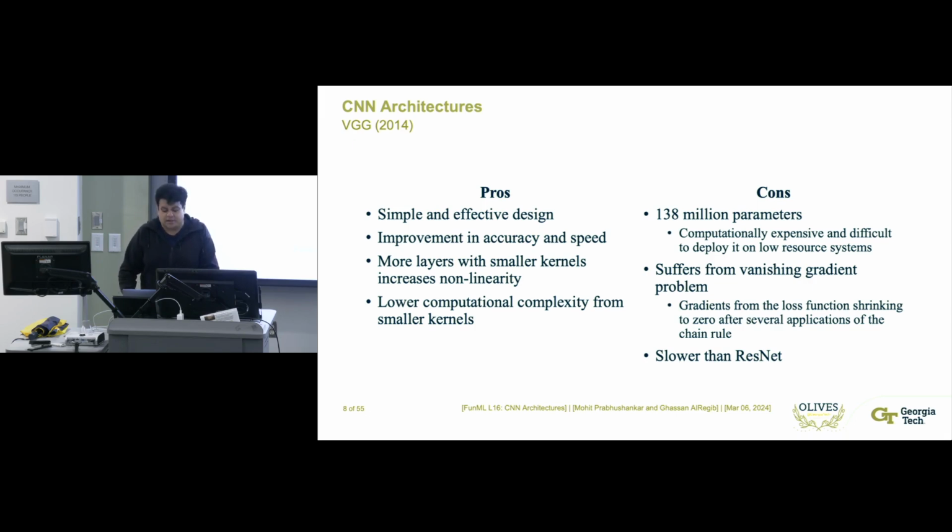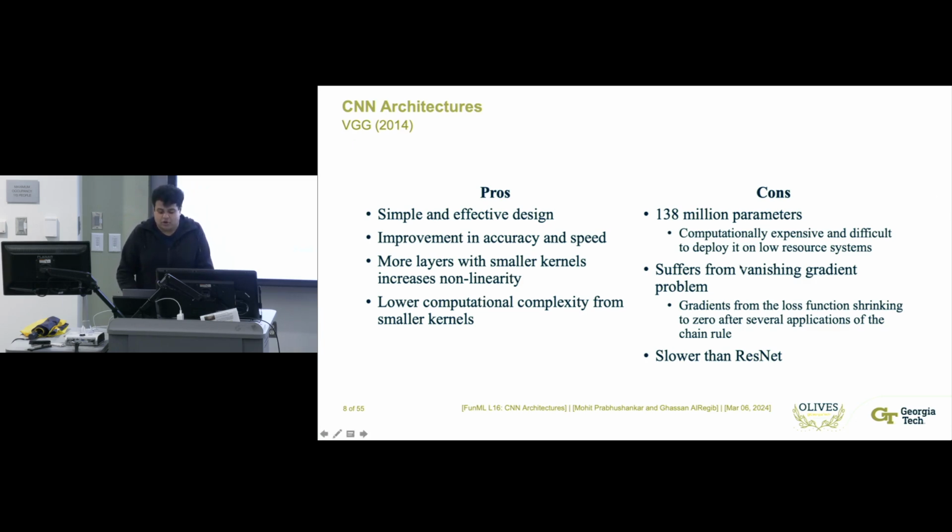So there is lower computational complexity because of the presence of these smaller kernels as compared to AlexNet, but the number of parameters themselves is now doubled. So AlexNet was around 65 million parameters. Right now, VGG architecture is about 138 million parameters. And again, what I mean by parameters is the weights and biases. Anything that can be learned during the gradient descent or the training process itself is what we're going to call parameters.